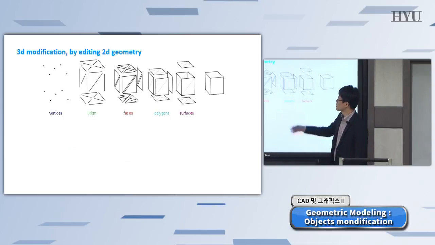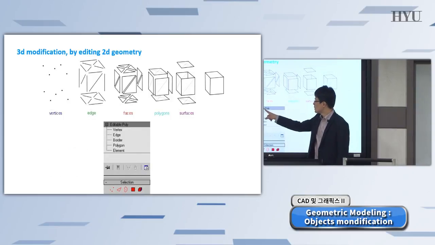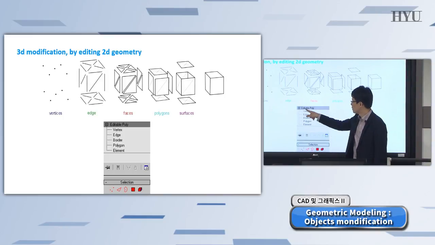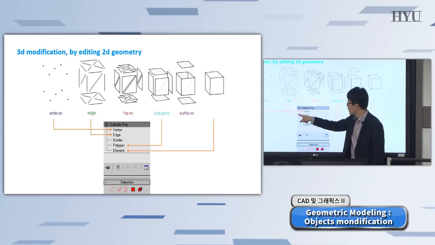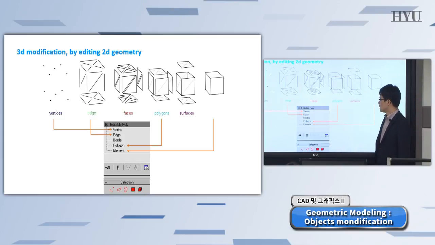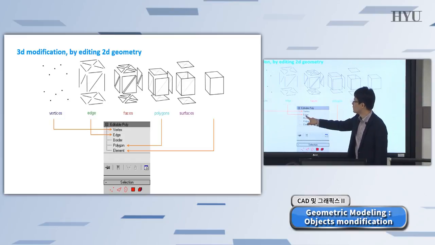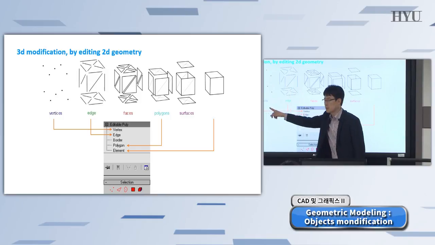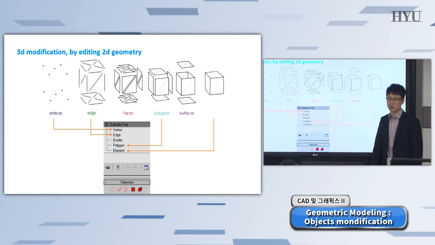According to this geometry control, this is the 3D Max interface. Today we're going to deal with this one slightly. Editable poly, okay? Edit polygon. Editable poly has vertex, edge, border, polygon, element. So if you choose edge, your interface is going to be changed for editing edges, or vertices if you click vertex, okay?